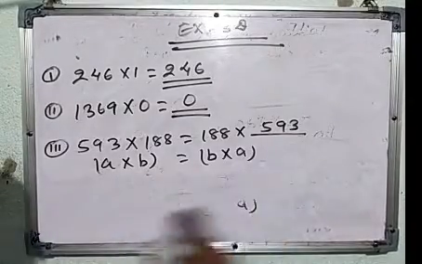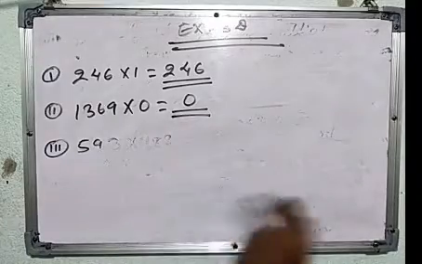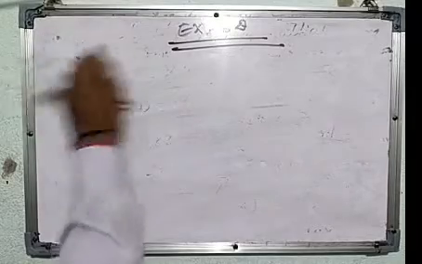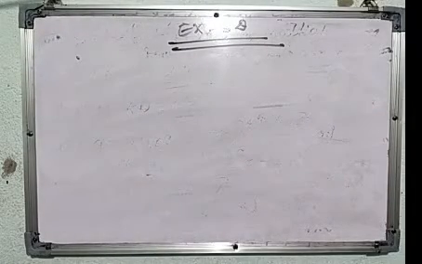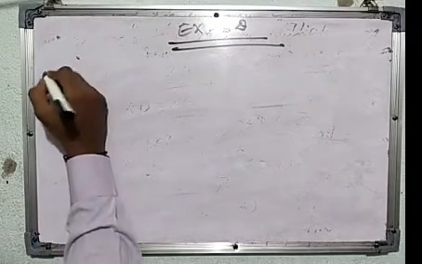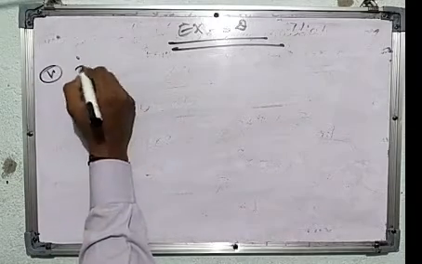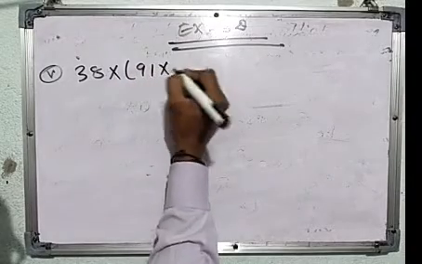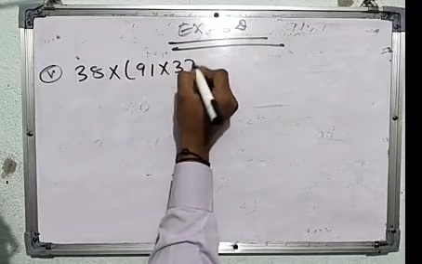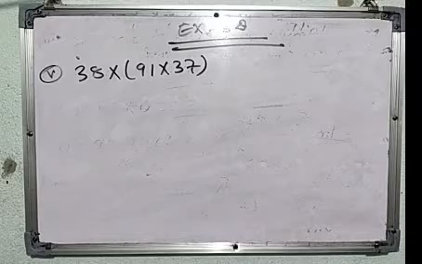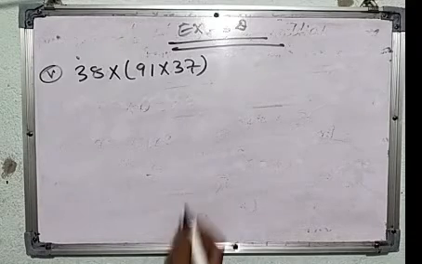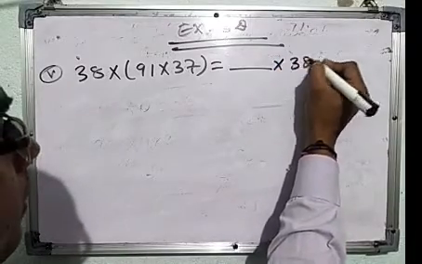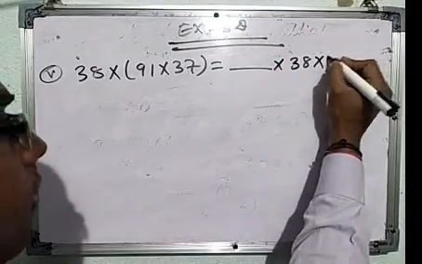Your next question 5. 38 into 91 into 37 equal to blank into 38 into 37.